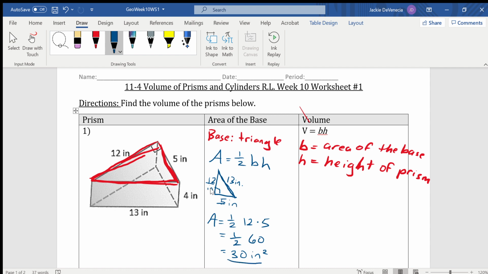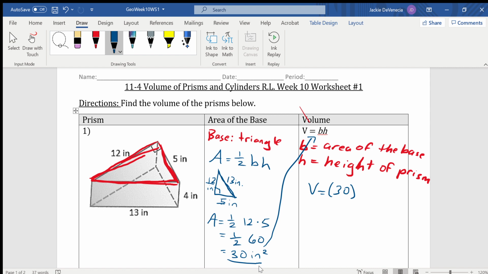Now that I have this, I can go ahead and plug it into my volume. So volume would be base times height, area of the base times height. The area of the base is 30. And now that height is how thick the prism is.